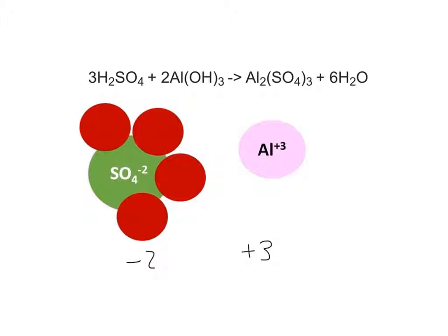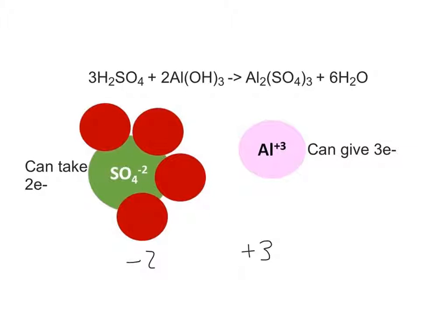So our metal has to give up the same amount of electrons that our nonmetal can handle. Now in this case, our sulfate ion, so sulfate ion right over here, can only take 2 electrons. Our aluminum ion over here can only give 3 electrons.